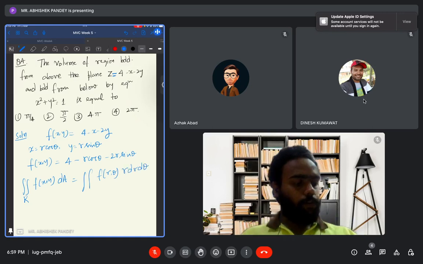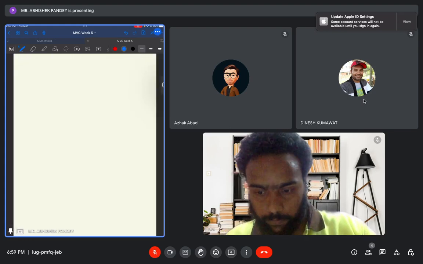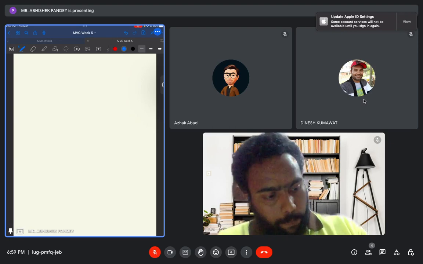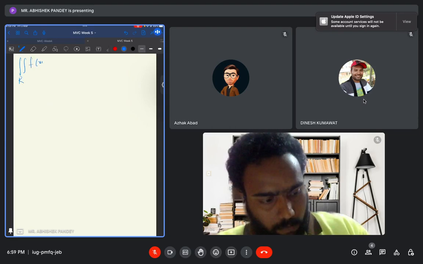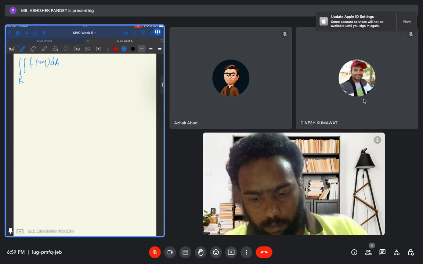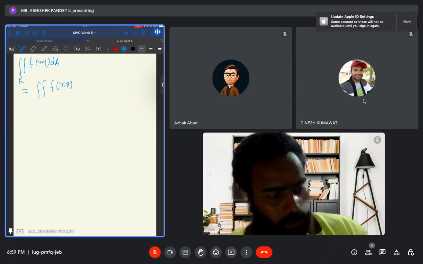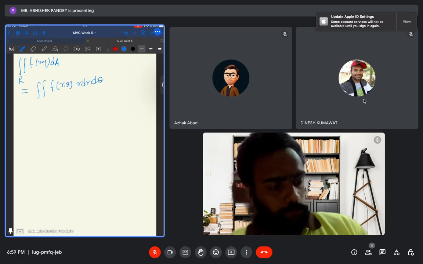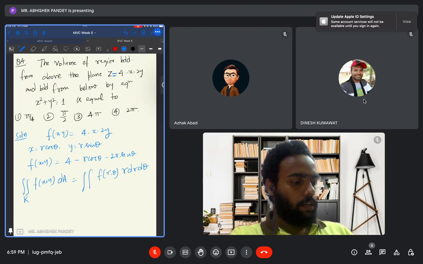Now we need to put the limits of r and theta. So here we need to put the limits now. So x equals r cos theta and y equals r sin theta.